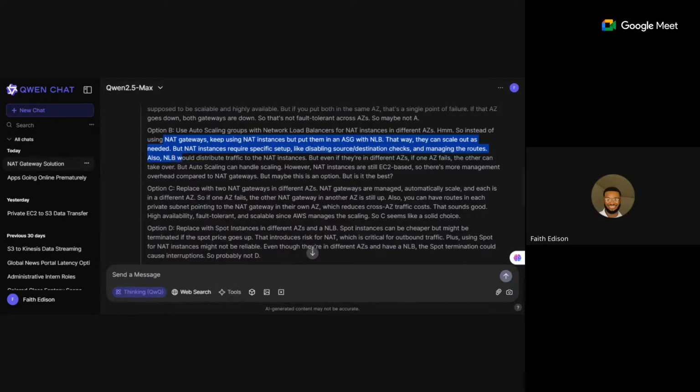Network load balancers distribute traffic to the NAT instances, and even if they are in different AZs, if one AZ fails, the other can take over. However, NAT instances are still EC2 based, so there's more management and overhead compared to NAT gateways.